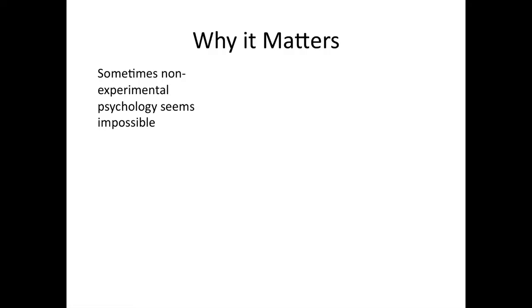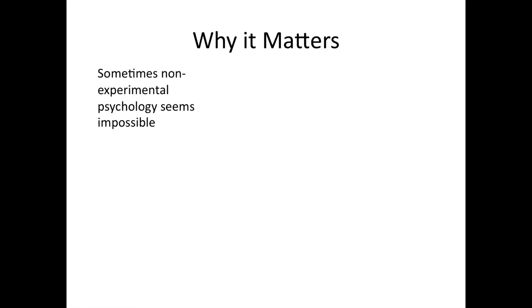And those of us who work in complex behavior in human beings don't have that. If you're interested in why some kids become juvenile delinquents, you cannot assign some children at random to bad environments and see what happens to them. And behavioral science would be a whole lot easier if we could do that.